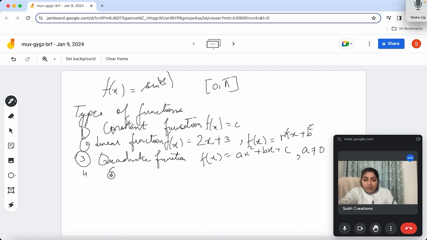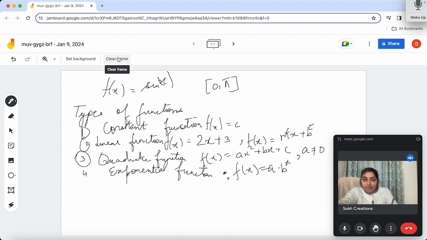Next we have exponential function. Exponential functions are of the form f(x) equal to a times b raised to the power x, where a and b are constants and x is in the exponent.